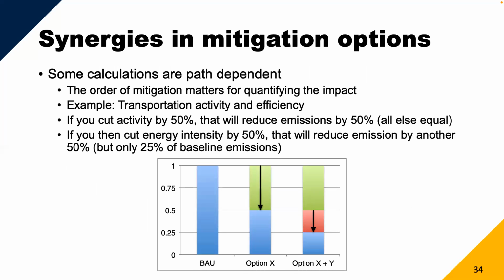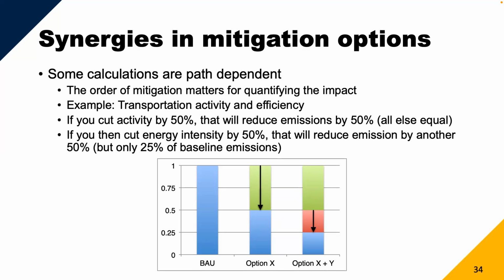So, synergies in mitigation options. Some calculations are path dependent. This is important in thinking about the order in which you do the wedges, which can sometimes make a difference.